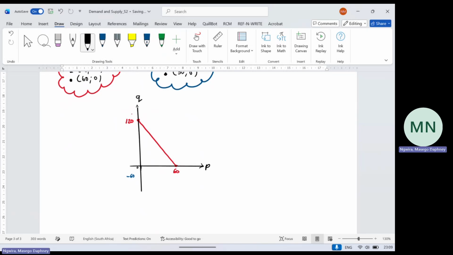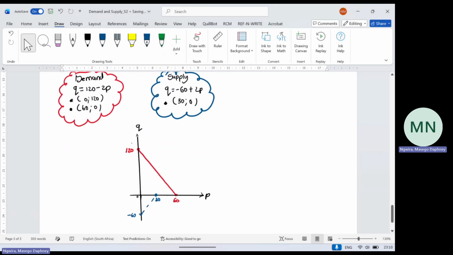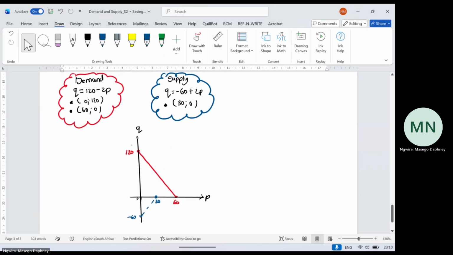Okay. All right. Yeah, as I was saying, let me put it here. So this is negative 60. And then my graph is going to start here at 30. 30 and 0. It starts here. All right.